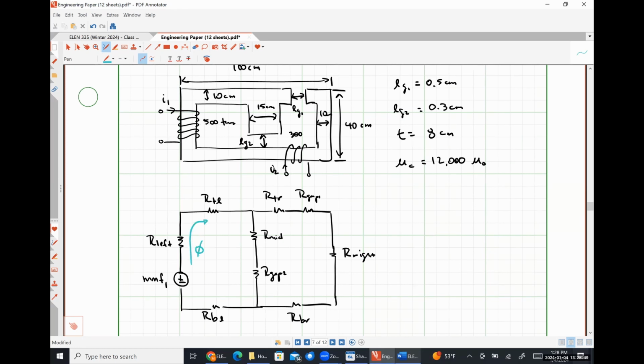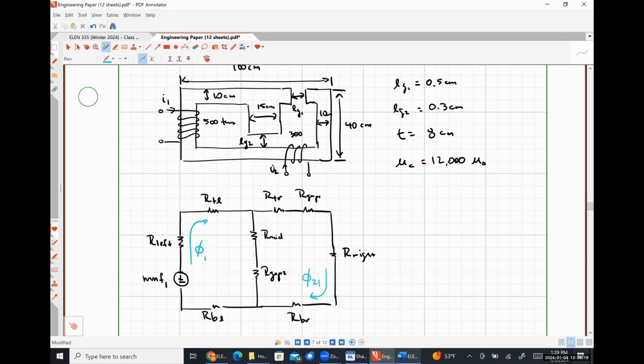This is the flux that's leaving coil 1, and this is the flux passing through coil 2 that's generated by coil 1.